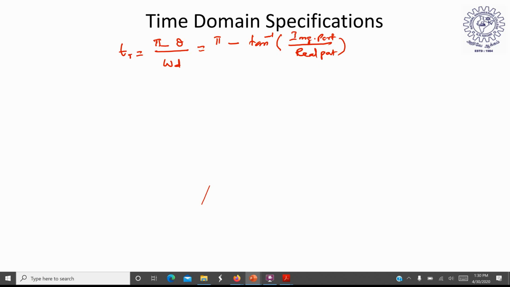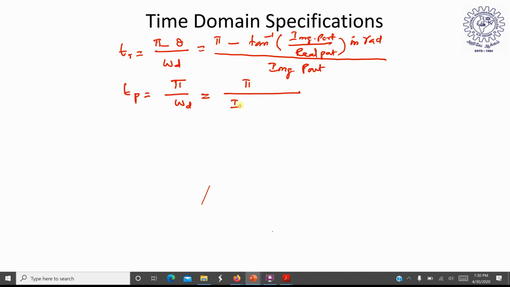Omega d is the imaginary part of the pole location. So you can easily find your rise time. What may be your peak time? That is pi by omega d, that is pi divided by the imaginary part of the pole location. We can easily calculate the peak time.